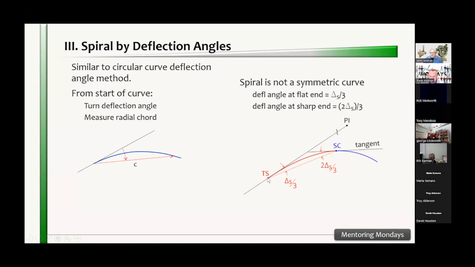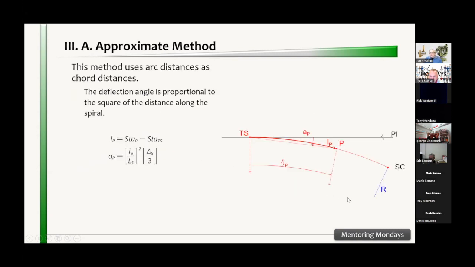If I look at my tangent to spiral and my spiral to curve, the angle between the chord and the tangent is the total deflection angle for the spiral from the flat end. That's equal to 1/3 the spiral angle, as opposed to 1/2 the angle like it is on a circular arc. From the other end, that angle is equal to 2/3 the spiral angle. So that's a big difference, because it's a non-symmetric curve, unlike a circular arc.